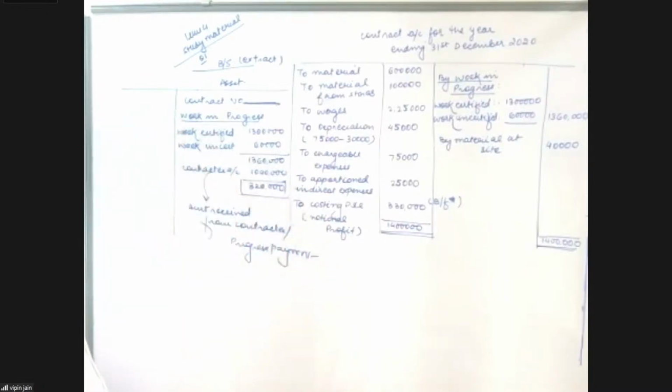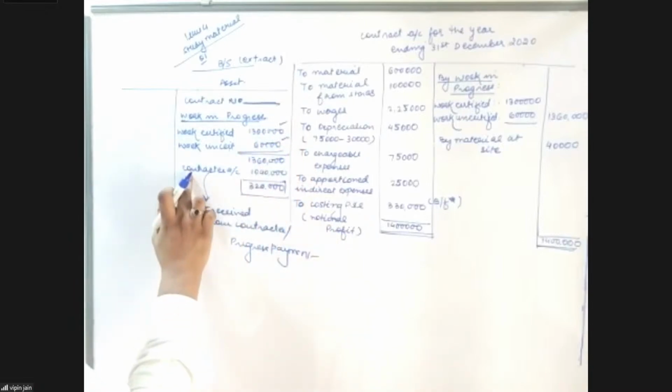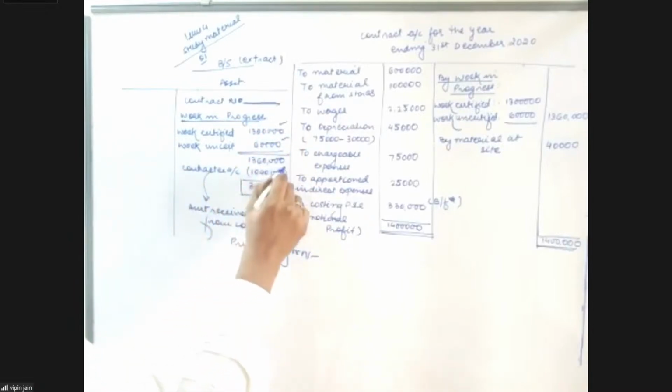See, this is the contract number, whatever it is, work in progress, thereafter work certified 13 lakh, work uncertified 60,000. The total is 13 lakh 60,000 minus the amount received from the contractee, that is 10 lakh 40,000.